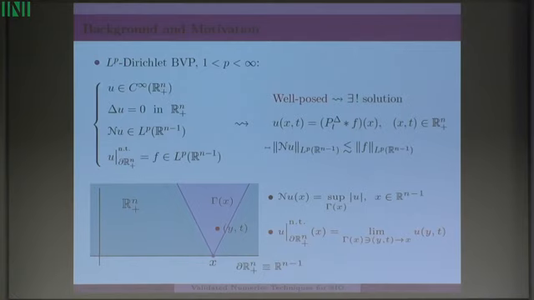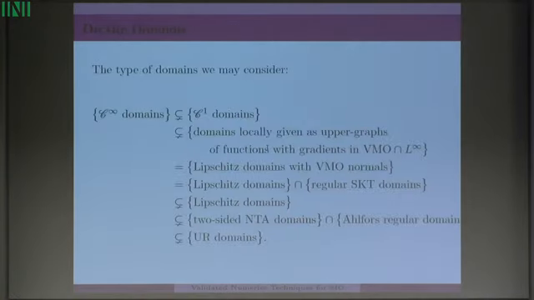What I'm going to be interested in is looking at this type of problem in more general domains. Here I have a litany of types of domains that we may consider. We're starting with very smooth, C^1, C^infinity domains. We're looking at domains that have outward unit normal vectors with vanishing mean oscillation.